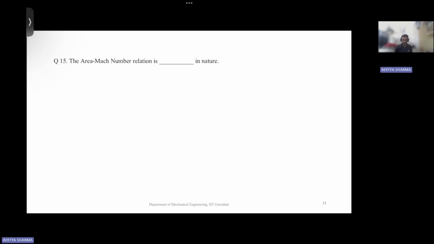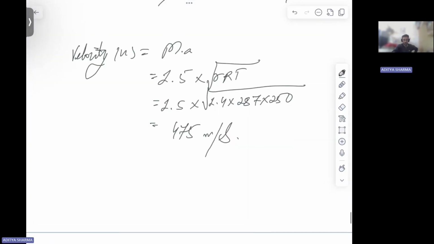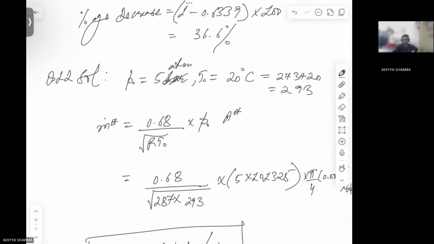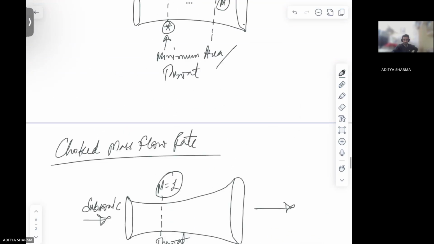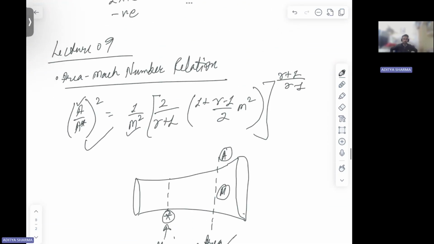Then next is the area Mach number relation is dash in nature. So what is the nature of this area Mach number relation? What is its nature?